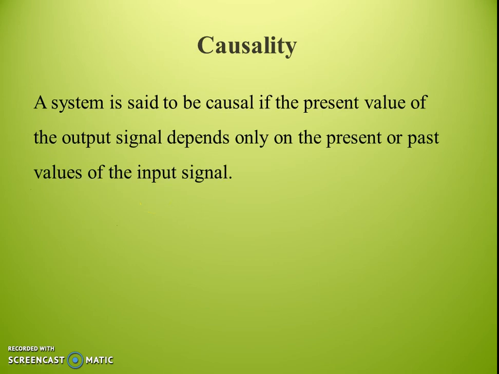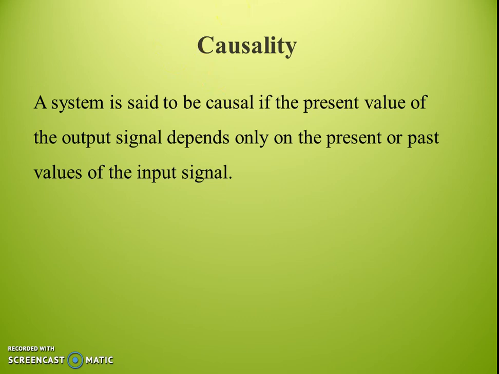So, causality is defined as follows: the output of the system depends on its present input as well as the past input, but it must not depend on the future input.